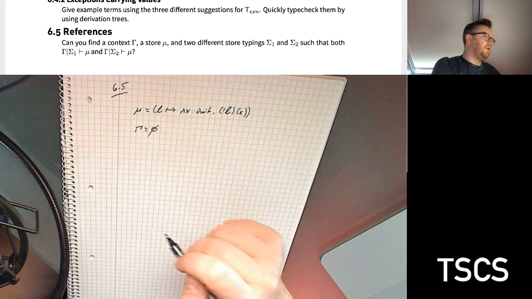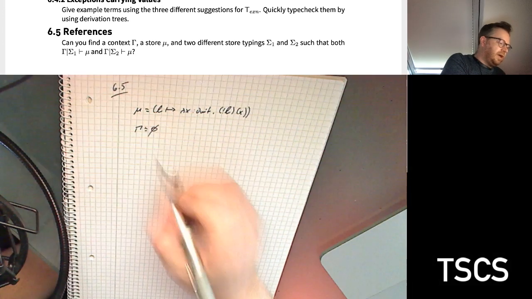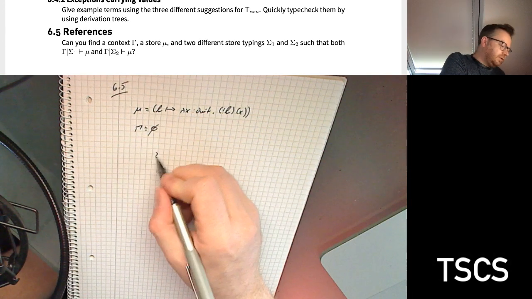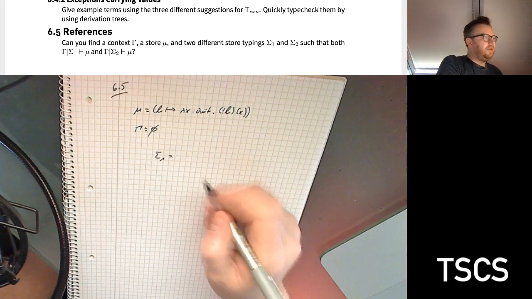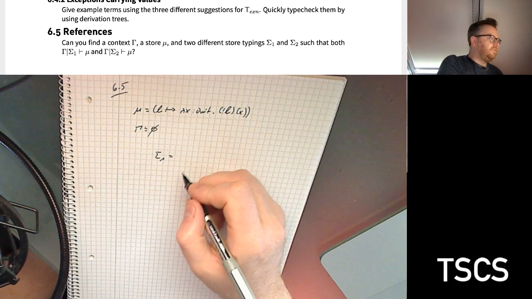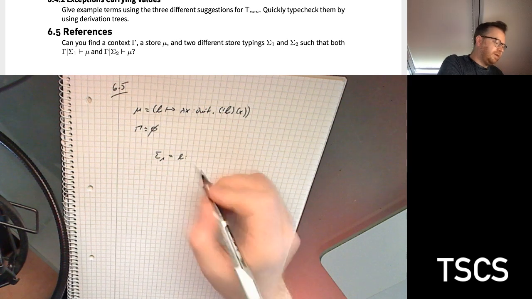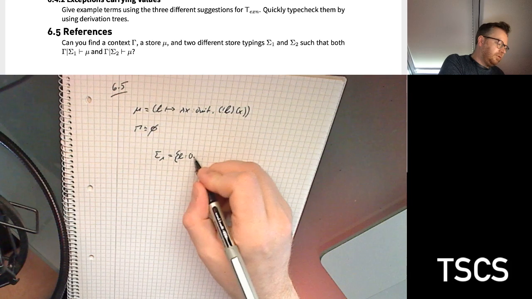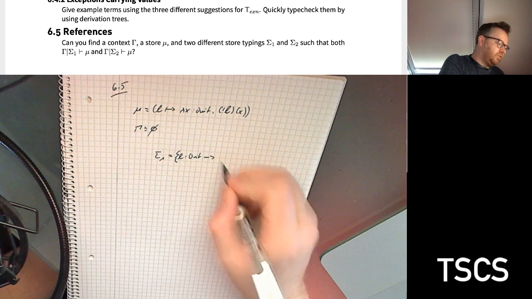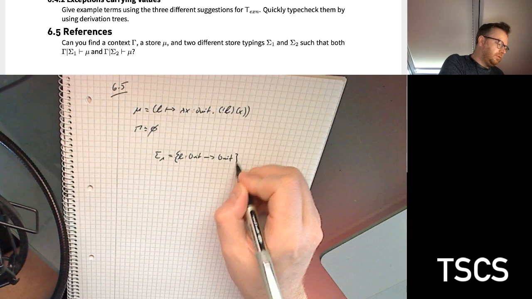As this definition goes, you can pretty much generate a few store typings. The first one would be something like this: L goes from unit to unit.